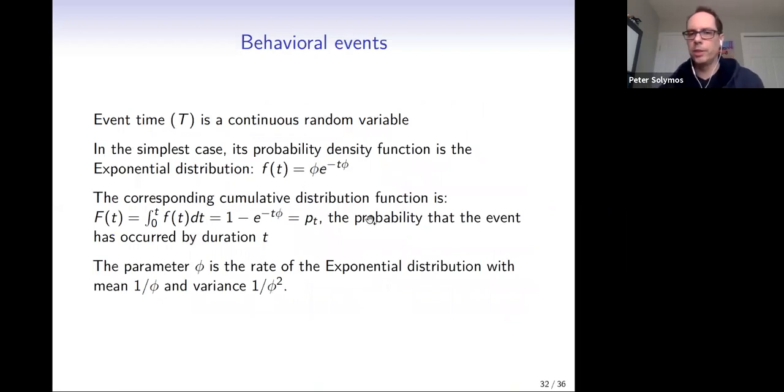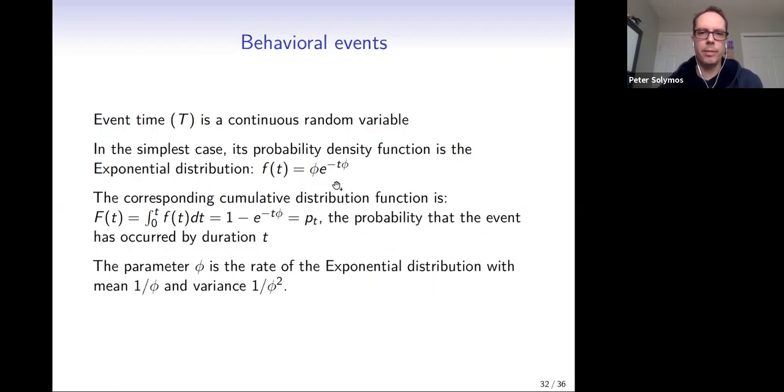And now, just to get the math out of the way, I'm going to talk about the behavior events. So if you start surveying now and you have a stopwatch, then you can count when a certain event occurs, whether that's a movement related or a vocalization related event, and you register this time.